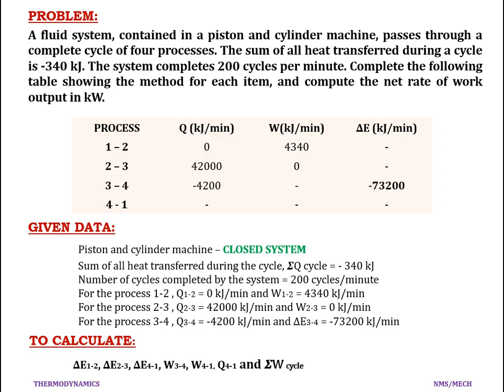And for the process 4 to 1, the Q value for 4 to 1, the W value for 4 to 1 and the delta E value for 4 to 1. And finally, we have to calculate the net rate of work output, that is, how much the total work output is.